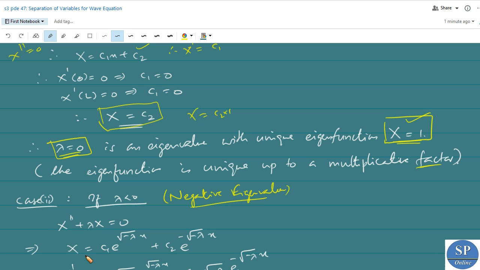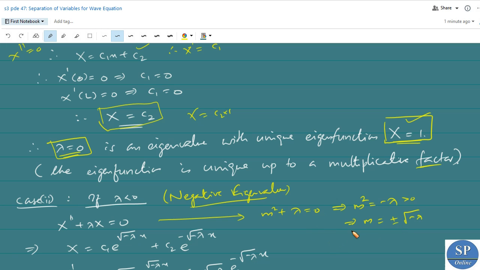So solving this, we will get X is equal to c1 e to the power square root of minus lambda x plus c2 e to the power minus square root of minus lambda x, because the auxiliary equation corresponding to this differential equation will be m square plus lambda equal to 0. That means m square equal to minus lambda, but we have lambda is less than 0, so this minus lambda is greater than 0. Therefore m has the values plus or minus square root of minus lambda.